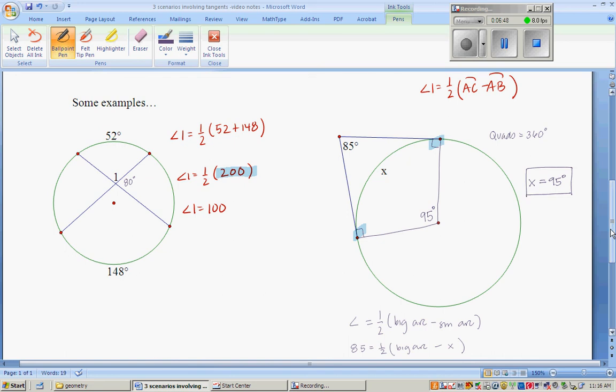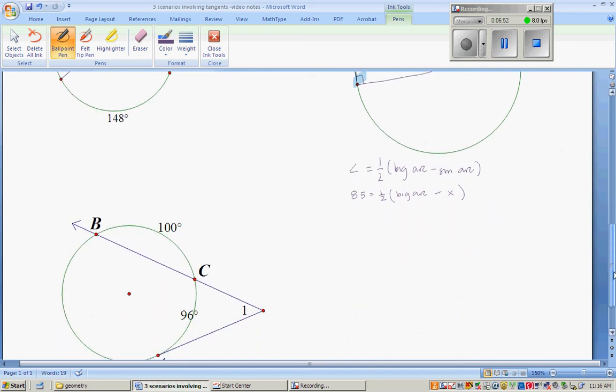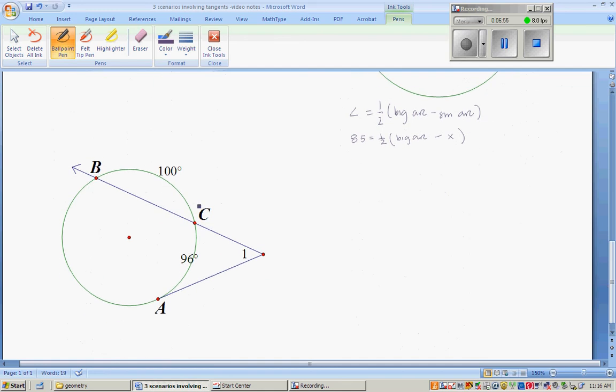But here's a real scenario that involves the third one, and I want you guys to try that. You have a secant and a tangent. You need to do the angle equals 1/2 of the big arc that's being intercepted minus the small arc.